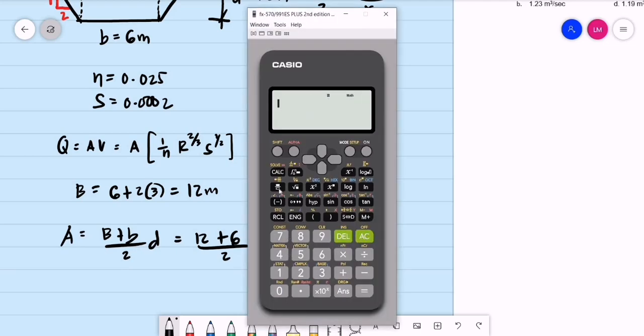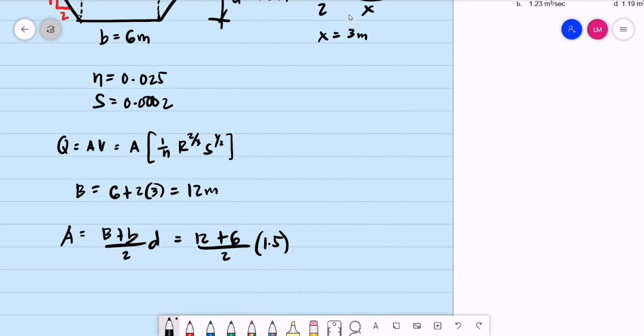So let us compute the area: 12 plus 6, divided by 2, then multiplied by 1.5 meters. So our area will be equal to 13.5 square meters. So that will be our area.